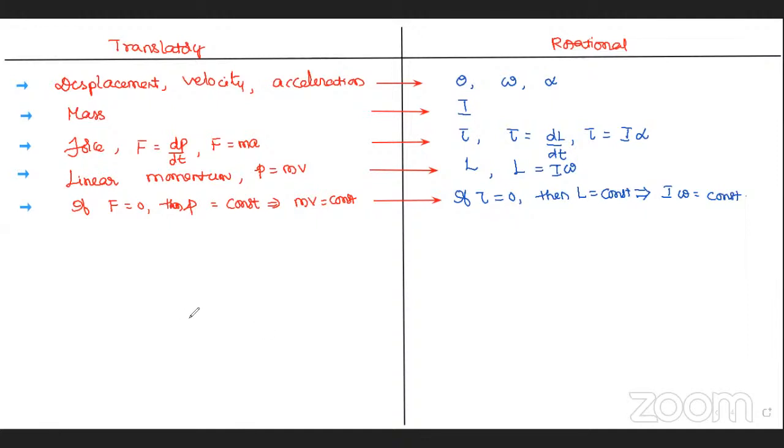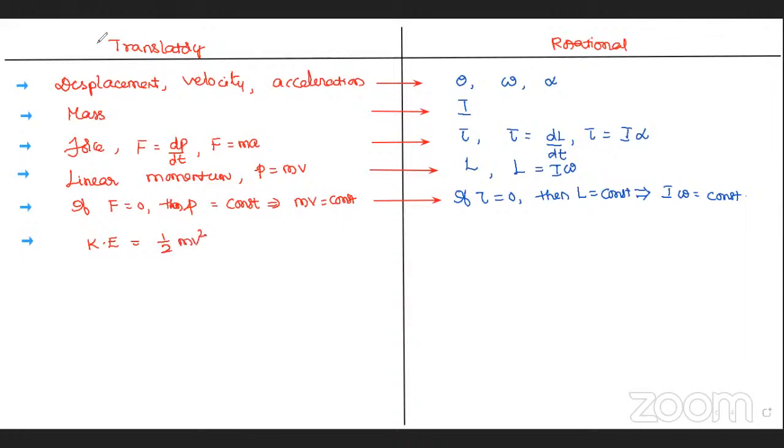Okay, right. And here extra you can write these things you learned in the class. Kinetic energy, you learned KE is equal to half mv square.